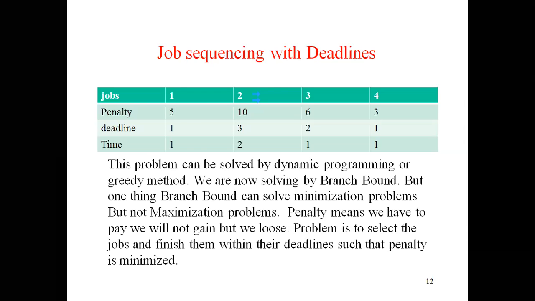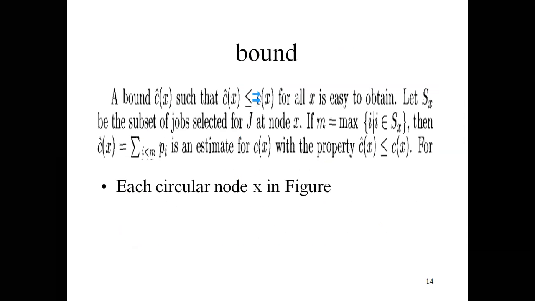In this way we need to calculate the upper and cost at each and every node. If the cost at any node is greater than the updated upper bound, then we need to kill that particular path. We will not consider from that particular node.